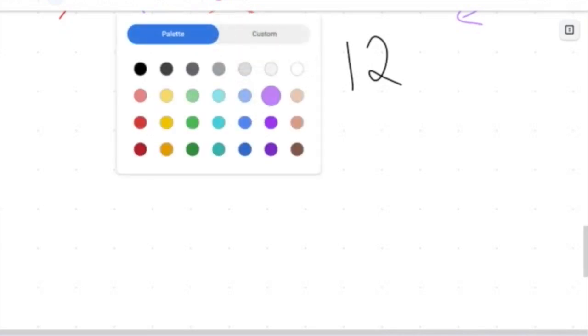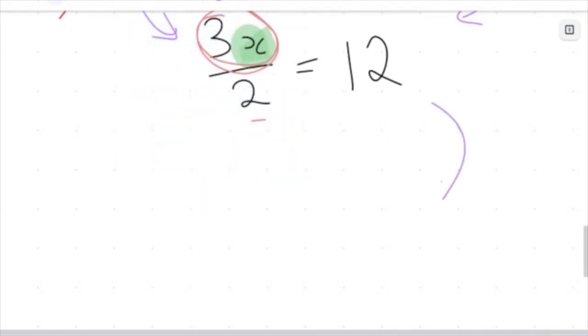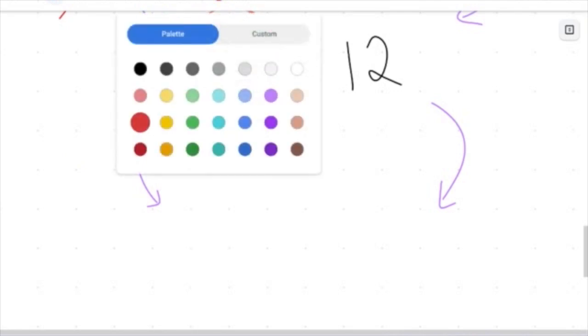Now let's try to find that something. Now, 3x, I'm just going to call it a something because I don't know what it is. Something divided by 2 gives me 12. Therefore, that something should be 2 times the 12.